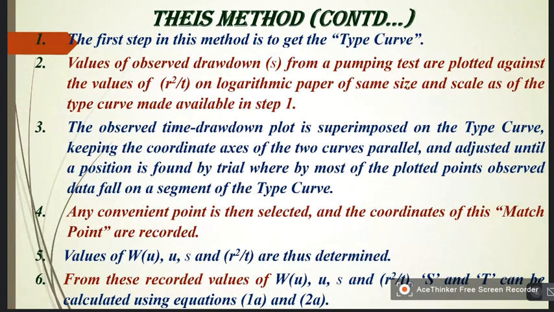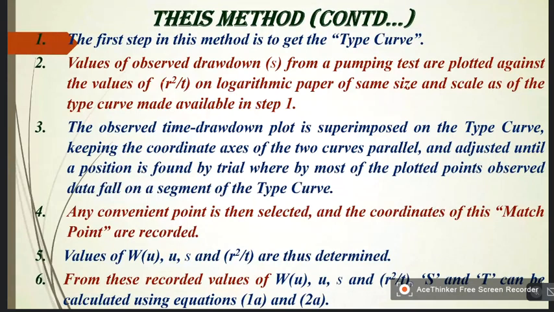Now, the type curve is nothing but the graph drawn between U and WU. Now, values of observed drawdown. Suppose there is a pumping test done.